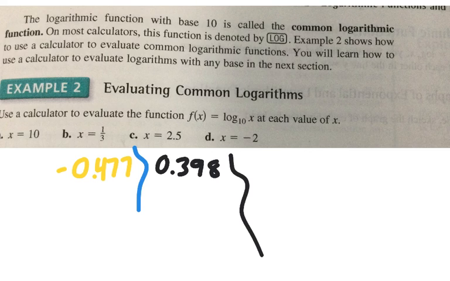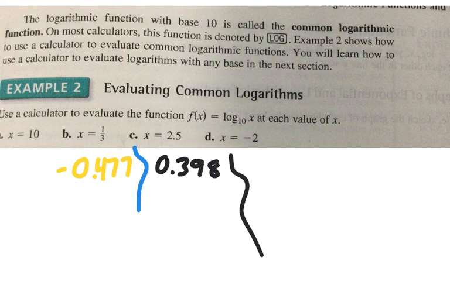And then D part. If I do log of negative 2. Okay, let's not put this in our calculator. Let's think about it for a second. 10 raised to what power is negative 2? Well, how can I take a positive number, raise it to something, and get a negative answer? You can't. Okay?